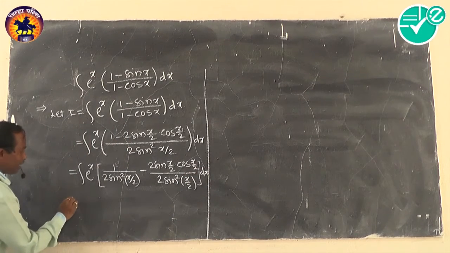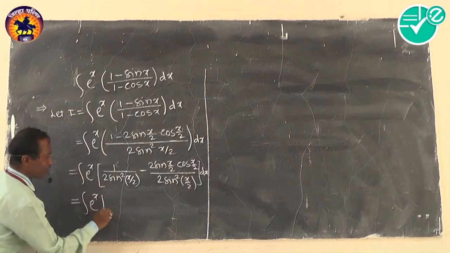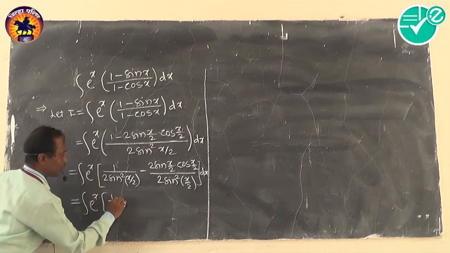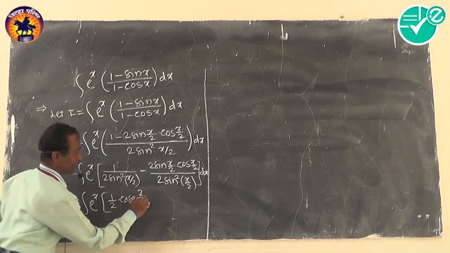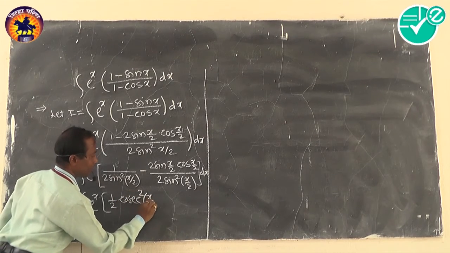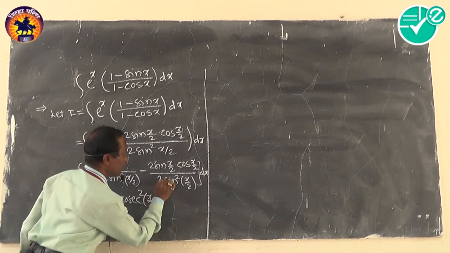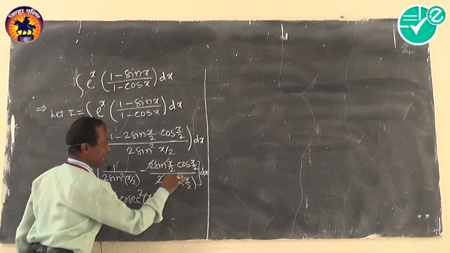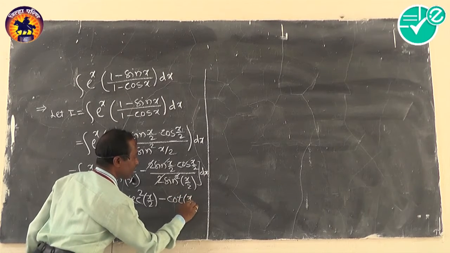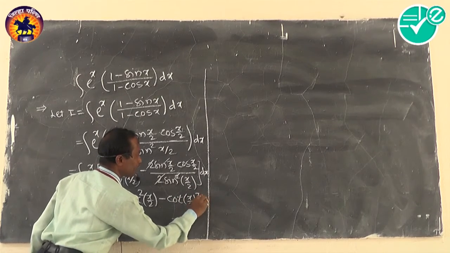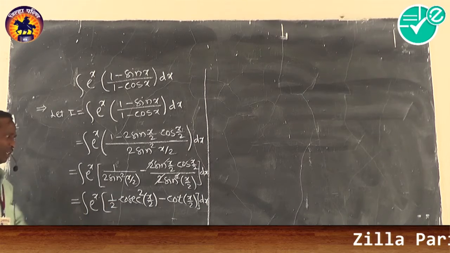Now we write this function in this form: e raised to x into (1 by 2 into cosec square x by 2 minus, 2 cancel, 1 sine cancel, we get cot x by 2) dx. Now derivative of cot x is minus cosec square x by 2.